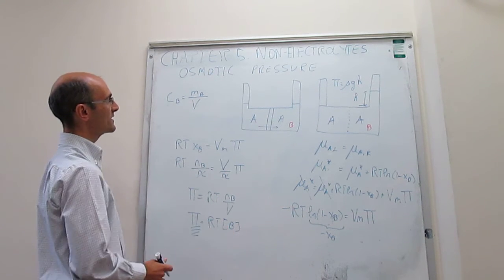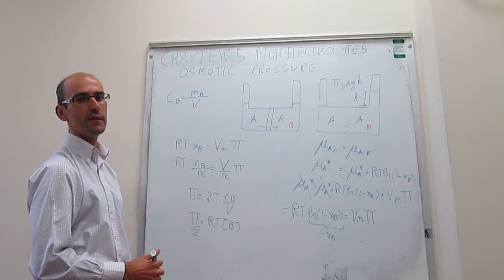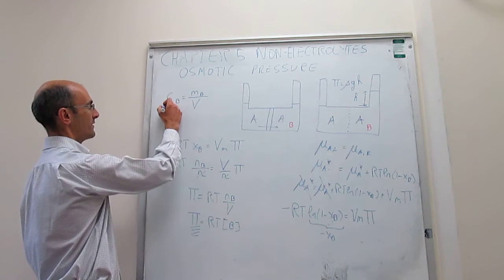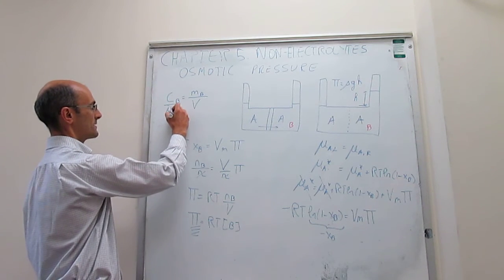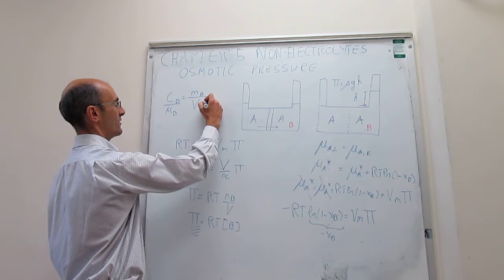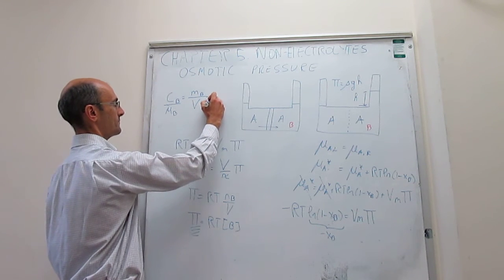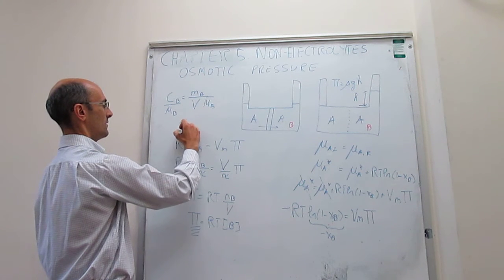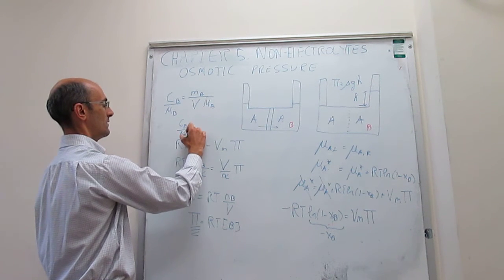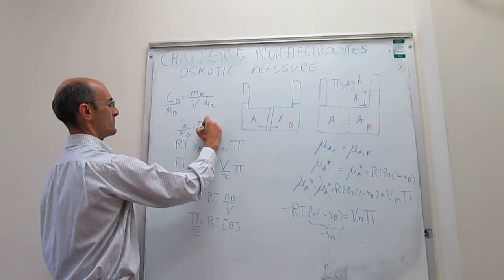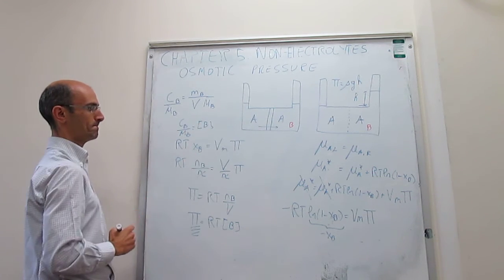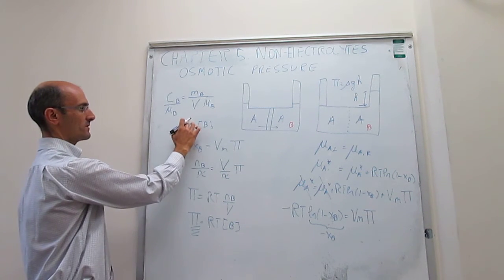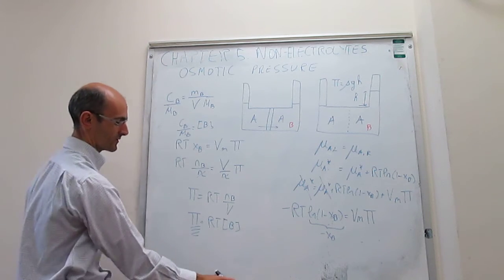Those two things are related by the molar mass, right? So if I divide here by the molar mass, and I divide here by the molar mass, what I get is that C sub B over the molar mass of B is equal to the molar concentration of B. That is the relationship between the mass concentration and the molar concentration.